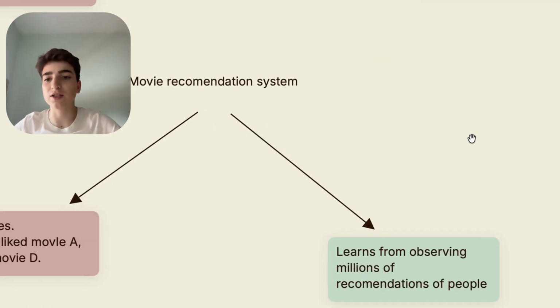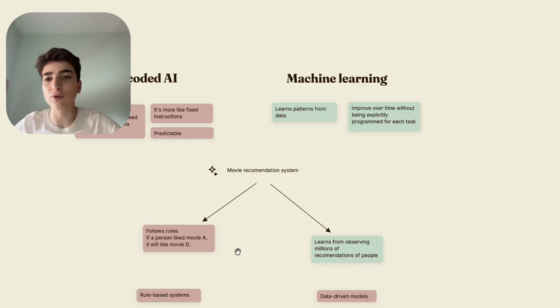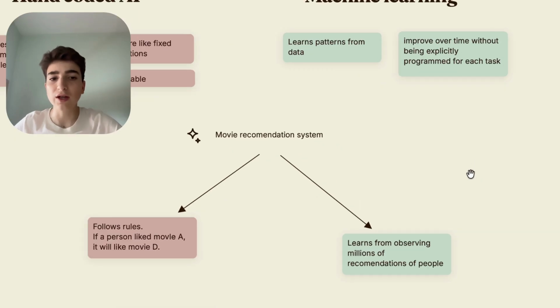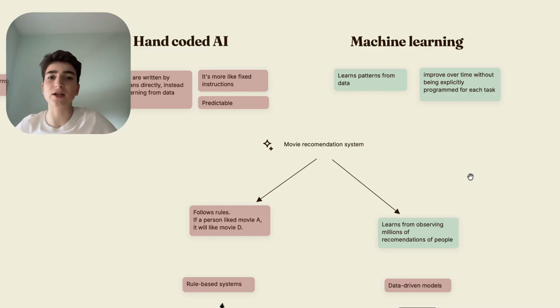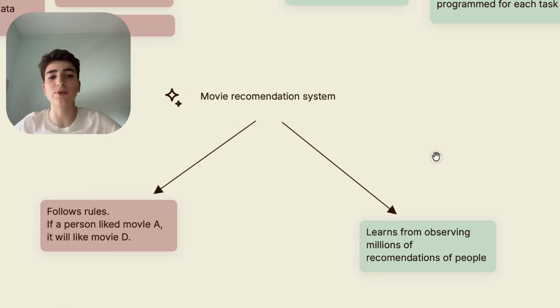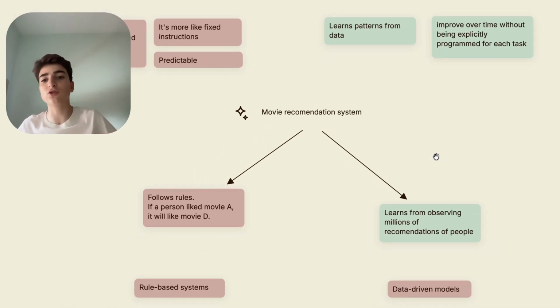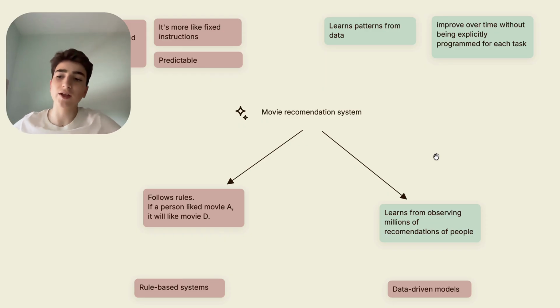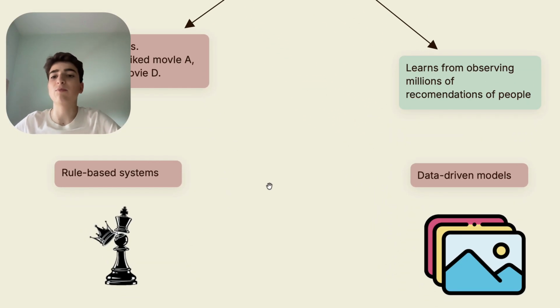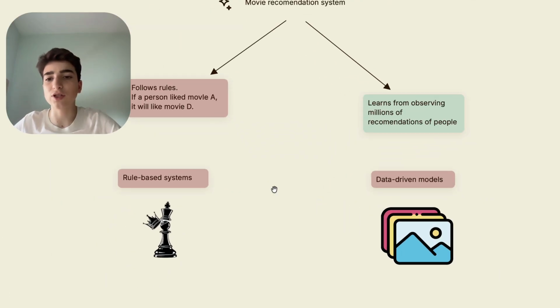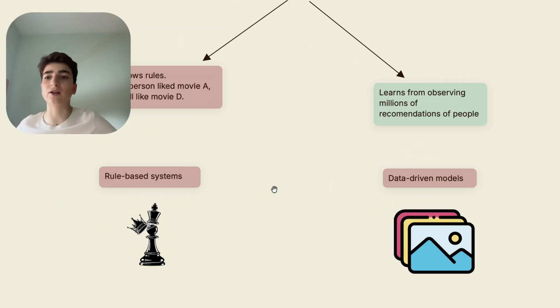So the key difference is that the hand-coded AI follows just the rules, and the other one uses the data and the patterns, it observes all this to give you the response. For example, it learns from observing millions of movie recommendations, whereas the hand-coded AI just tells you, if he likes B, he will like C, or if he likes movie A, he will like movie D. Another classic example is that hand-coded AI uses a lot of rule-based systems like chess.